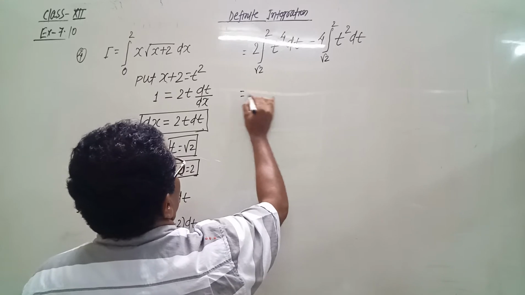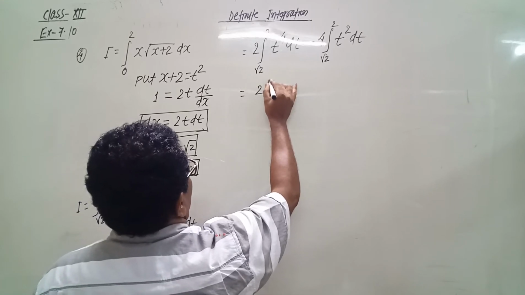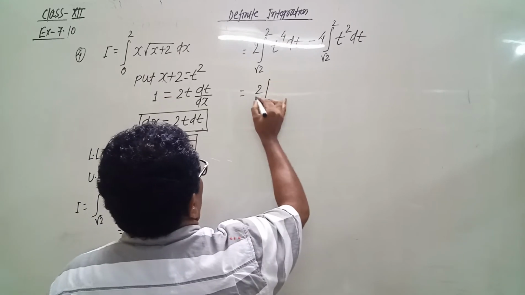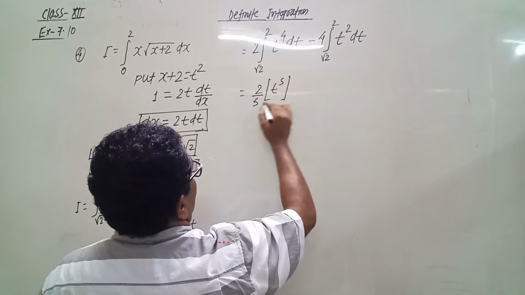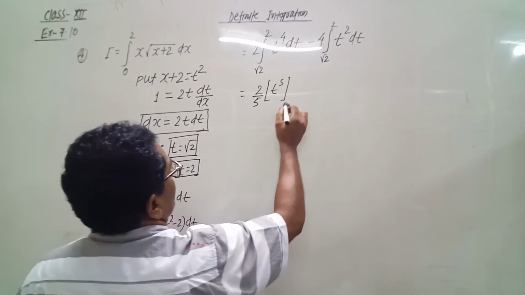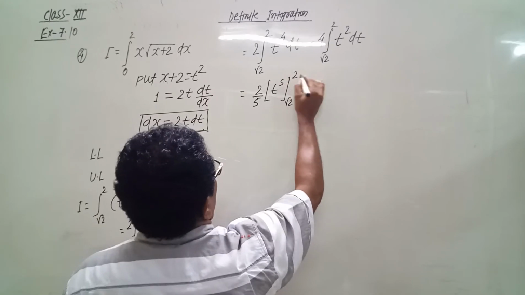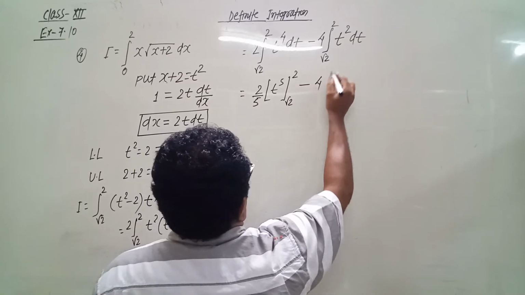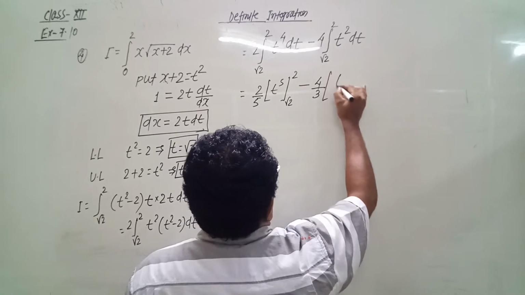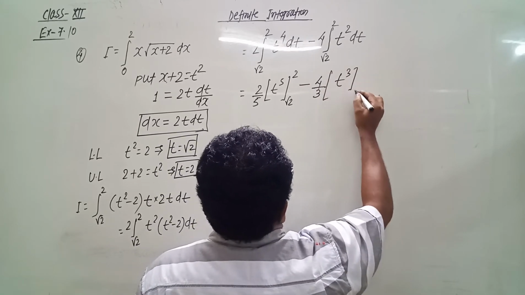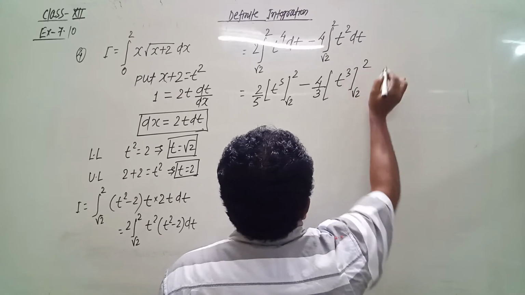Now integrate. 2 times integration of t to the power 4 is t raised to the power 5 upon 5, and minus 4 times integration of t square is t cube by 3, with limits root 2 to 2.